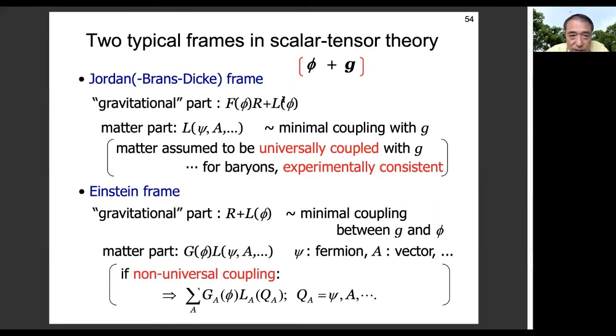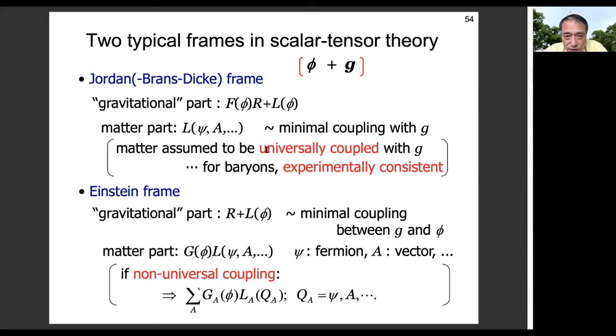So this is the gravitational part of the Lagrangian. The matter part is assumed to be minimally coupled to the metric, which gives rise to this curvature. This is the standard assumption.